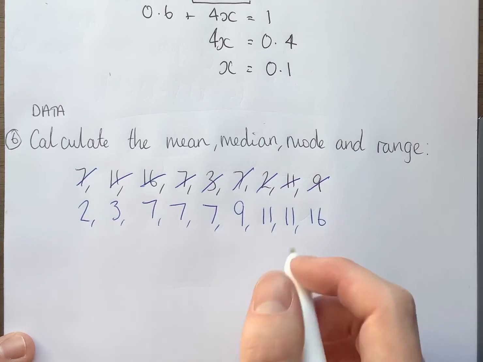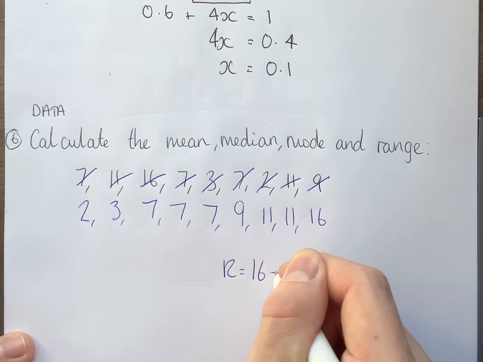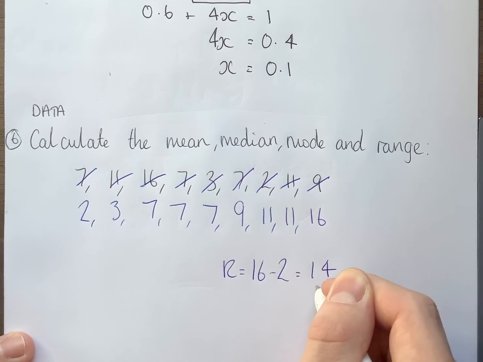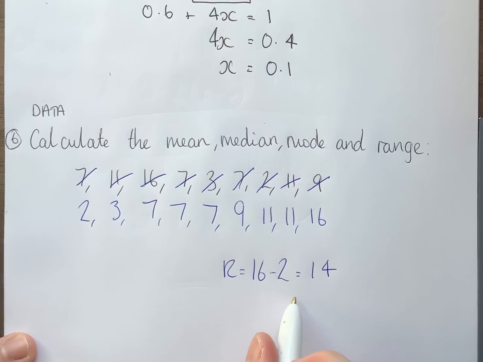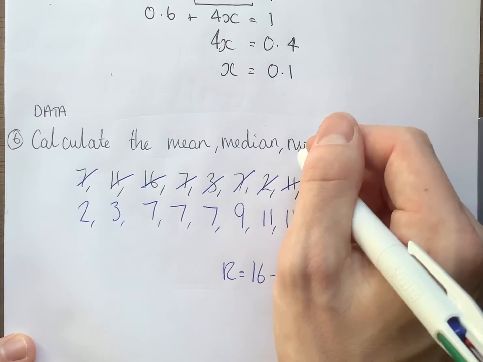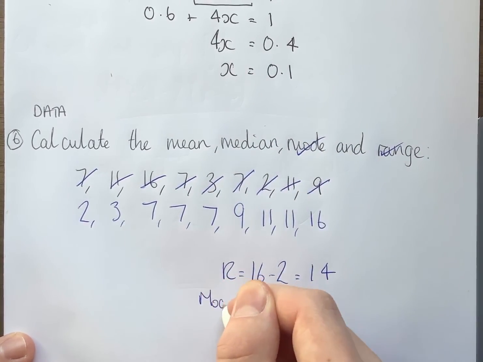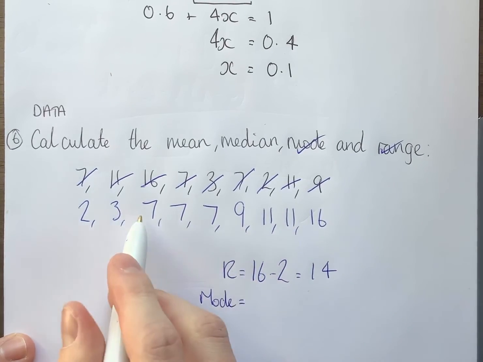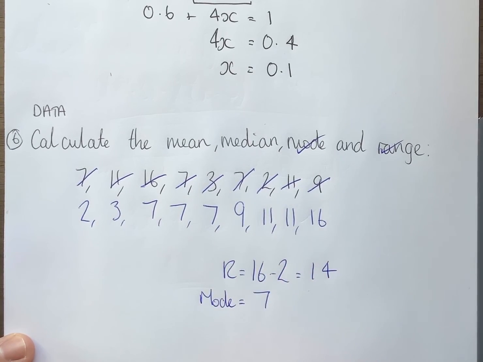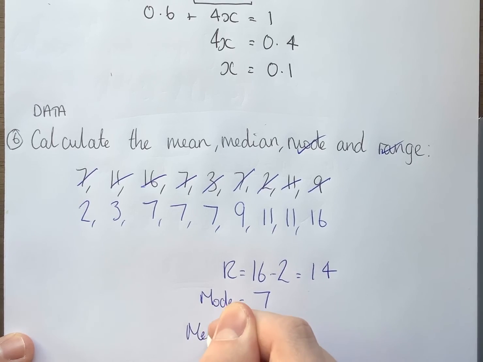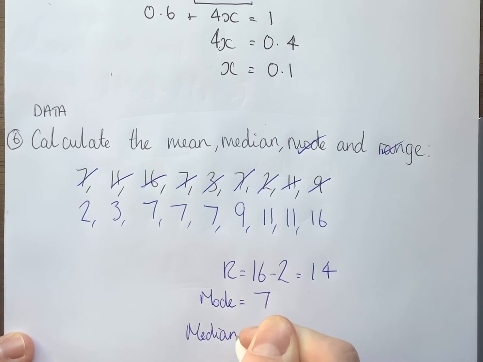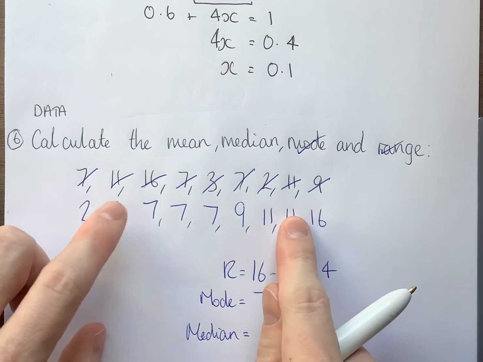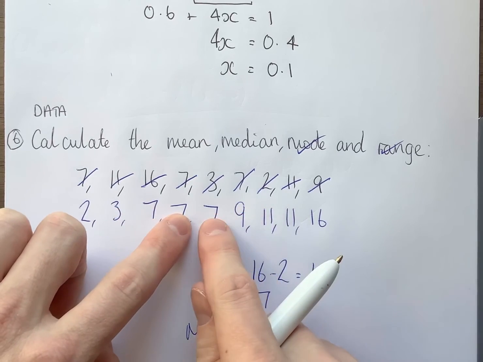Okay, so the range is 16 minus 2, which is 14, so biggest take away smallest. The mode is the one that appears the most, so the most frequent number here is 7. The median is the middle value, so if I cross those out, it's 7 again.